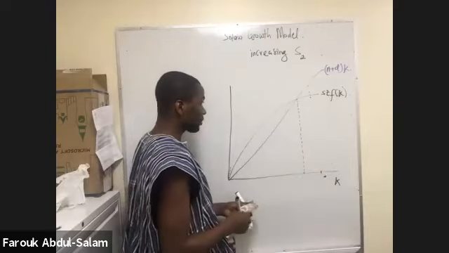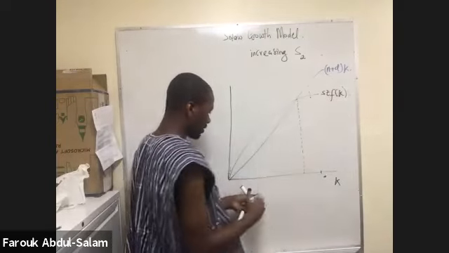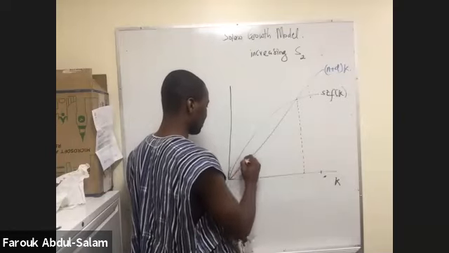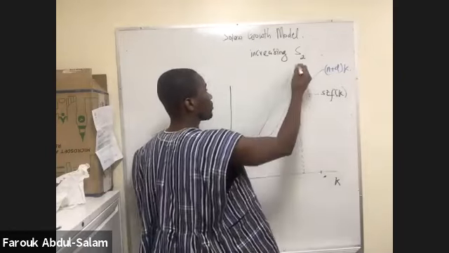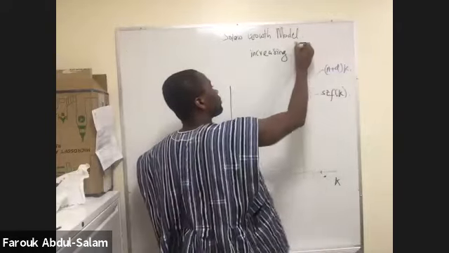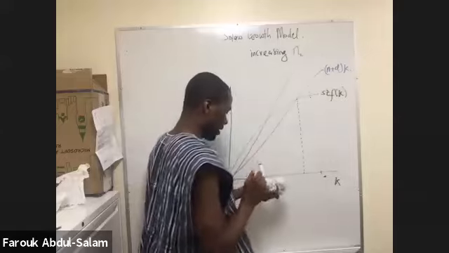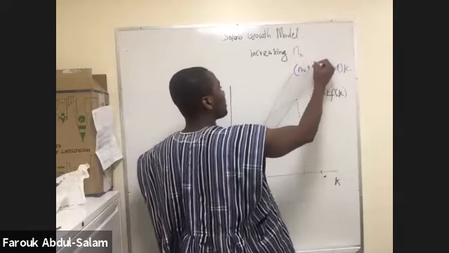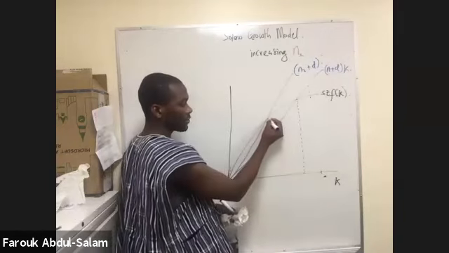If the population growth rate has increased, this line is going to shift towards this direction, because there's an increase in N to N2. We now have N2 plus D. With this, what do we see capital do?